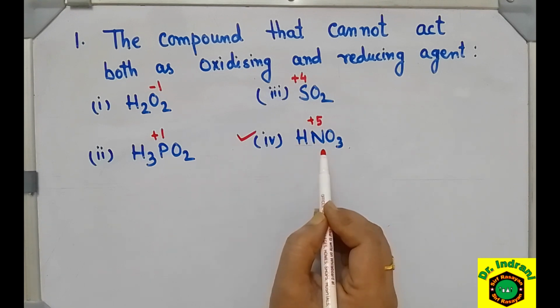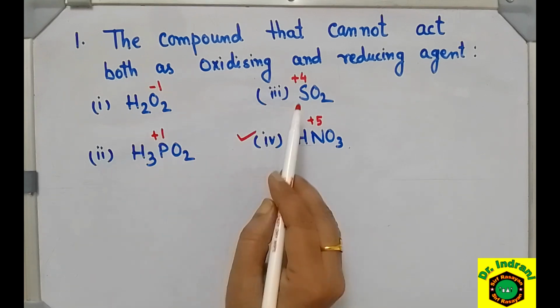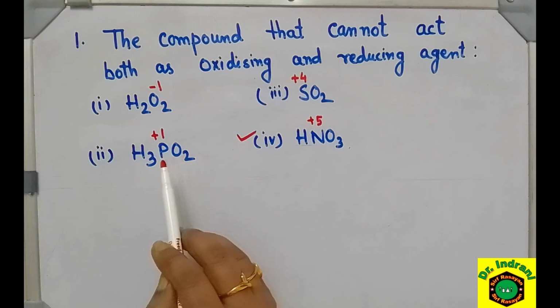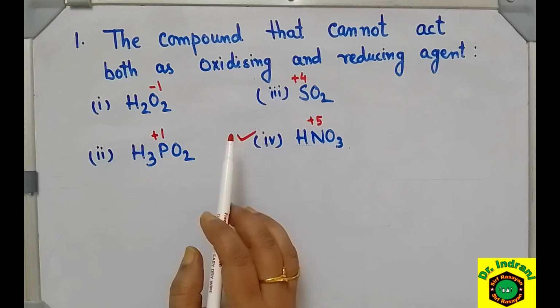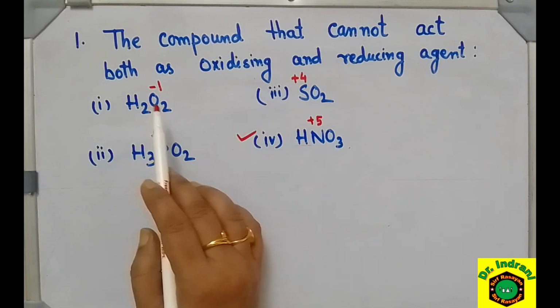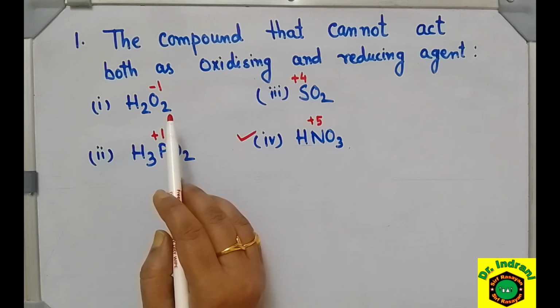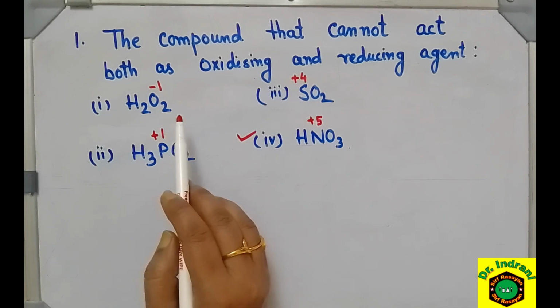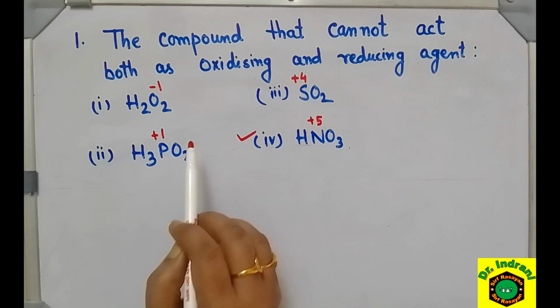So nitric acid can act as oxidizing agent or oxidant only. Others can act both as oxidizing and reducing agent. Clear? Because for oxygen, you know, -2, +1, +2, all are possible.